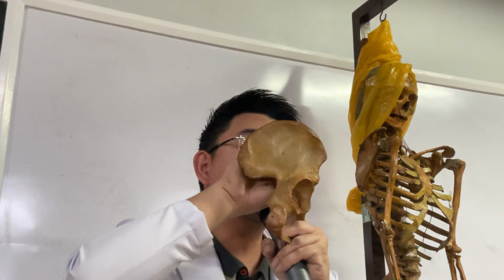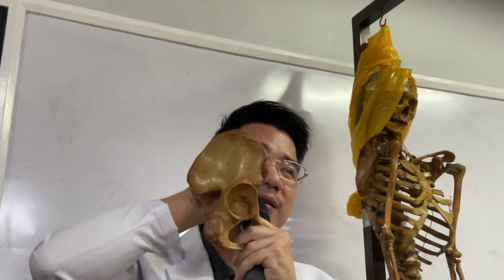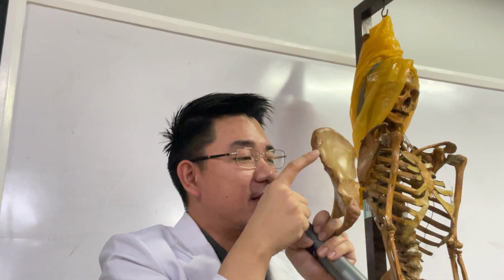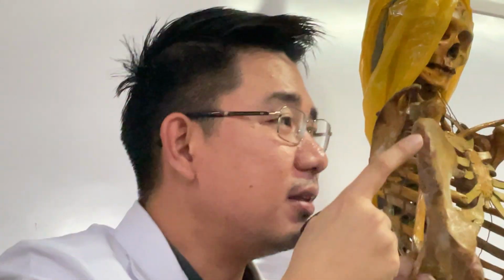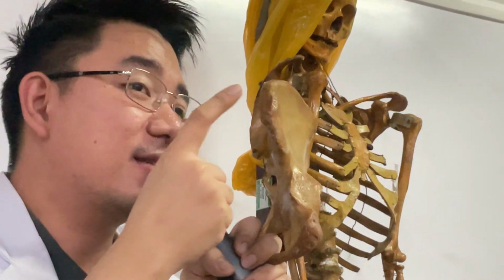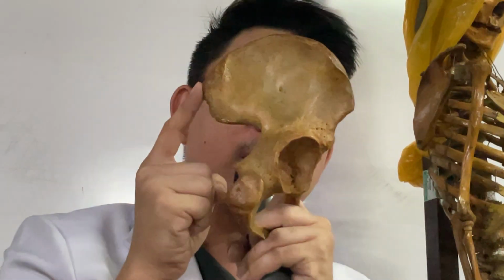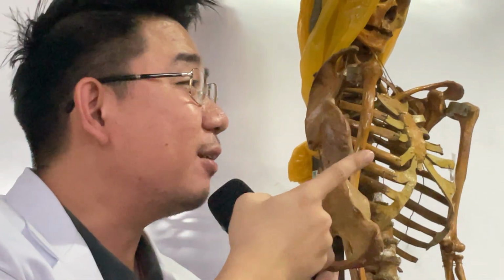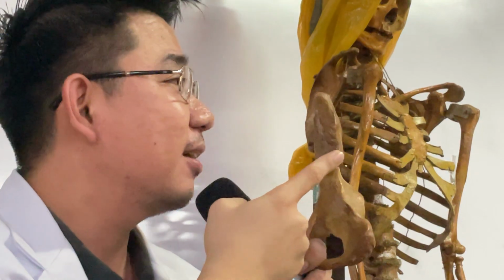If there's an anterior spine, there's a posterior spine. So this one at the top is known as the posterior superior iliac spine. The one below that is the posterior inferior iliac spine.